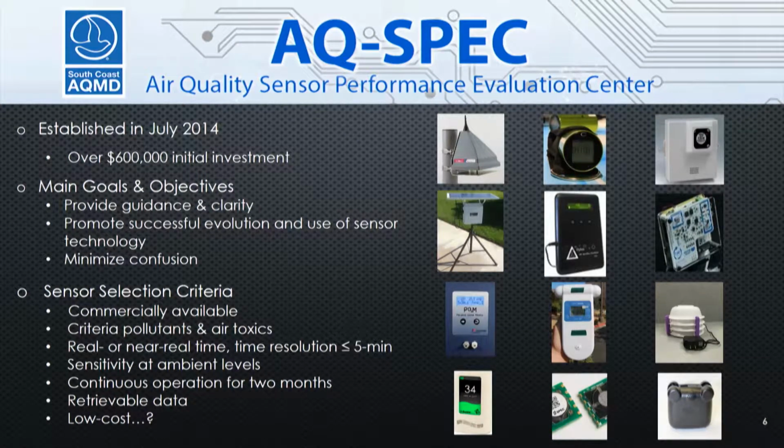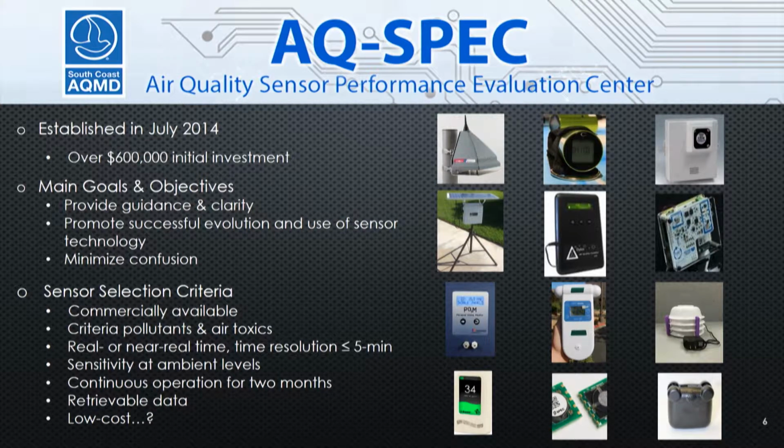So AQ-Spec was established in 2014 by South Coast AQMD. The main goals were to provide clarity to this emerging marketplace, provide all the information of our evaluation reports online, so different air quality districts and researchers could go online, look at the evaluation results, and make a small list if they wanted to develop a sensor network.